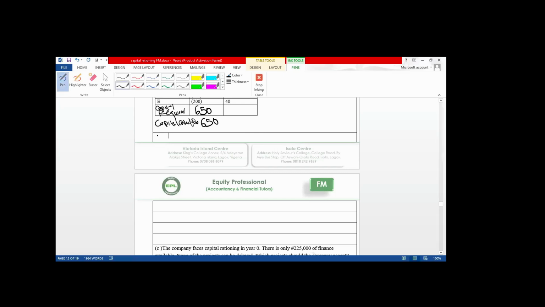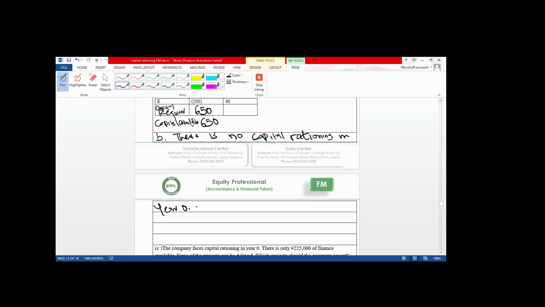For B, there is no capital rationing in year 0.